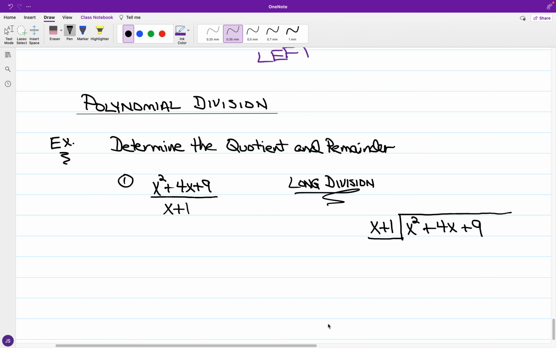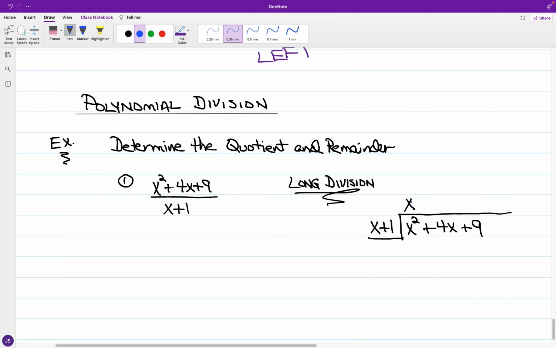Now for the quotient, you're looking at how many times x plus 1 will go into x squared plus 4x plus 9. So if we look at the first terms of each, you have x from x plus 1, x squared from the trinomial, and if I take x into x squared, or x squared divided by x, this will leave us with x.